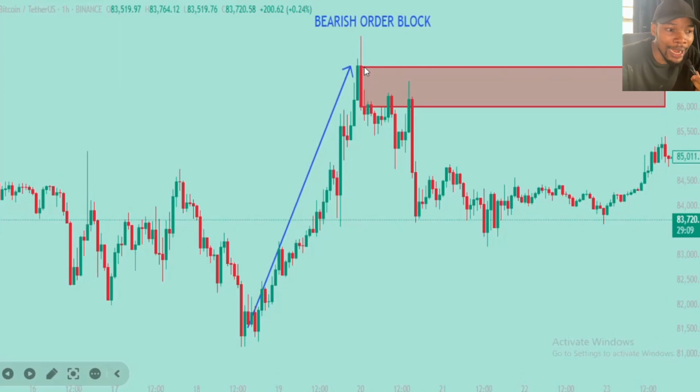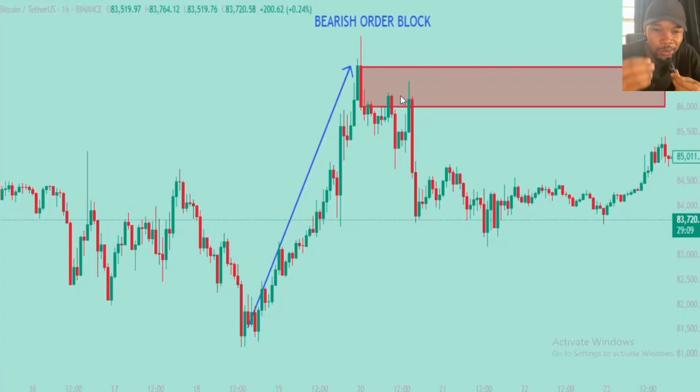So the first red mark, you're going to use your rectangle to map it out like this, and wait for price to enter into this place before you take your decisions. But then you don't just enter there and take your decisions blindly.